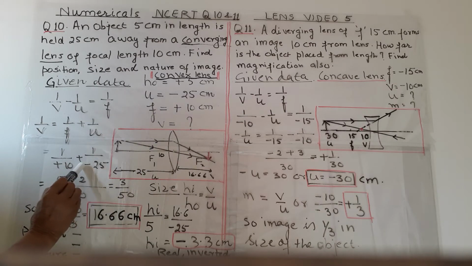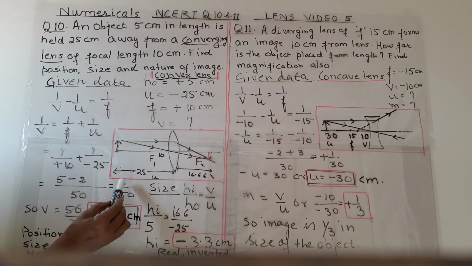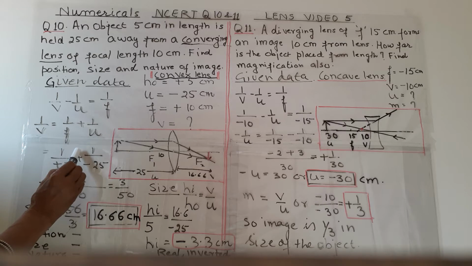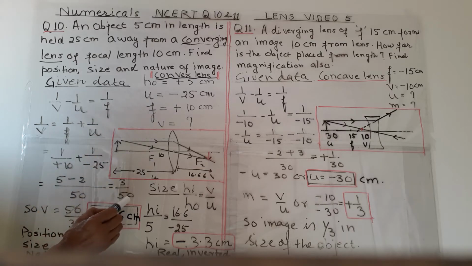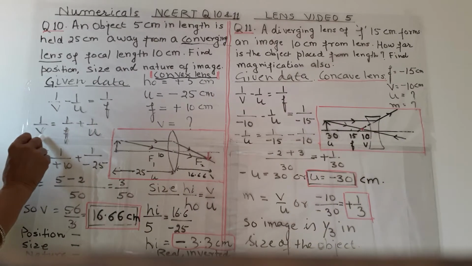So we will write minus here, and when we calculate this, we will get 3 upon 50. 50 is the LCM. 5 minus 2, 3. 3 upon 50 will be the value of 1 upon V.